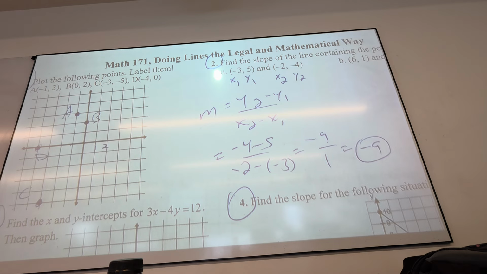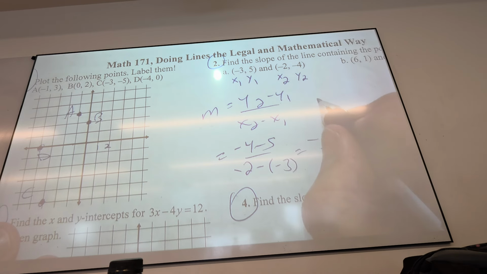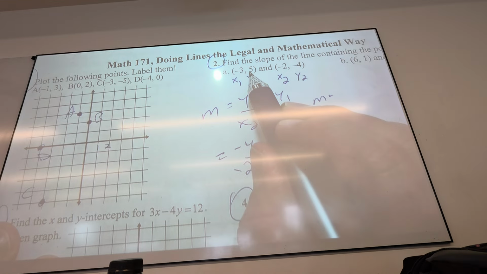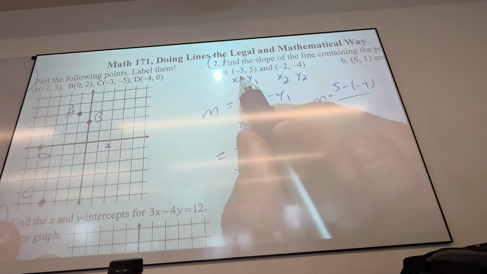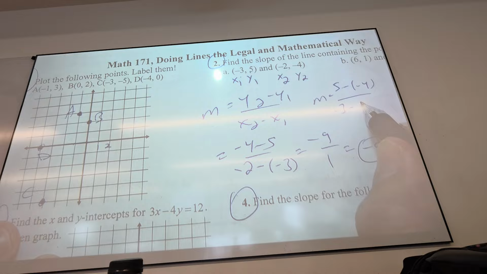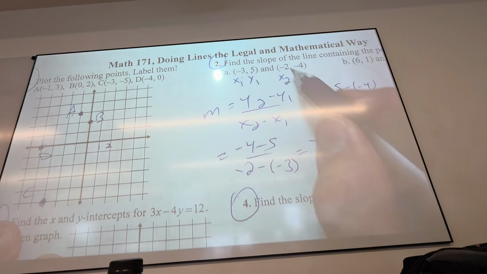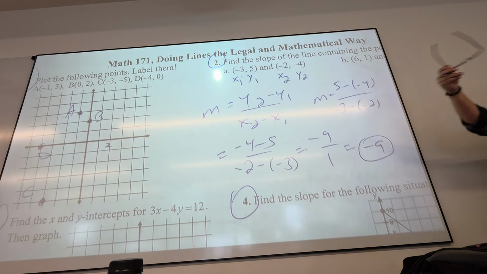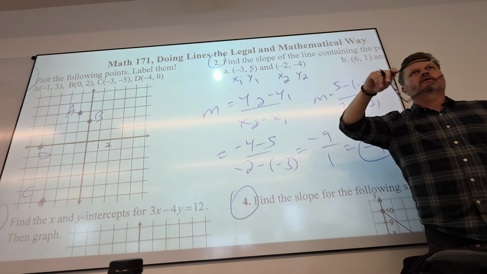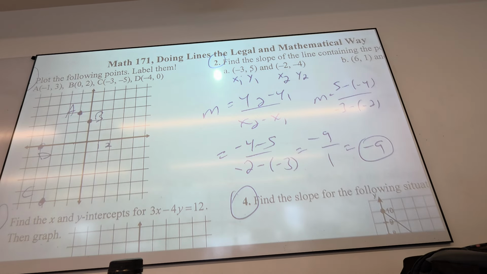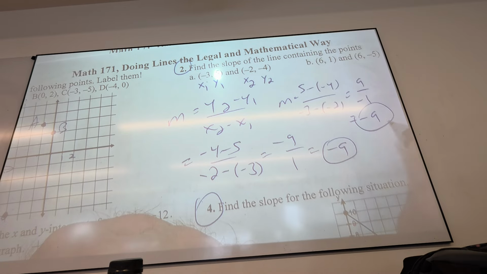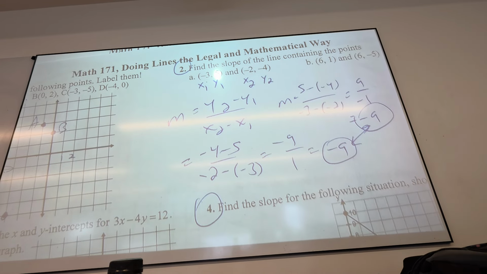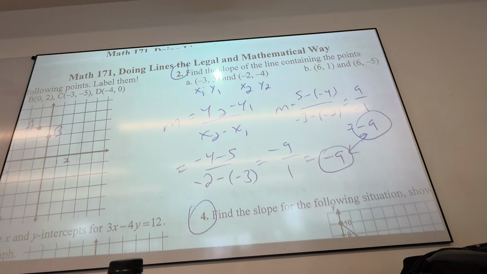What if I did the other way? I would do 5 minus -4 over -3 minus -2. I have to go the same way. That's the only reason we have the 2's and the 1's. Because now, even though I went the other way, I'm going to get 9 divided by -1, which is still -9. It's got to match, no matter which way I go.